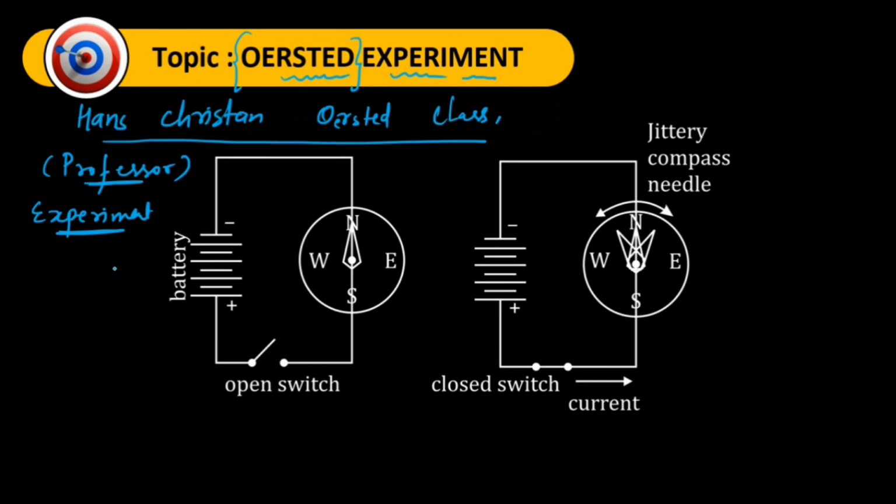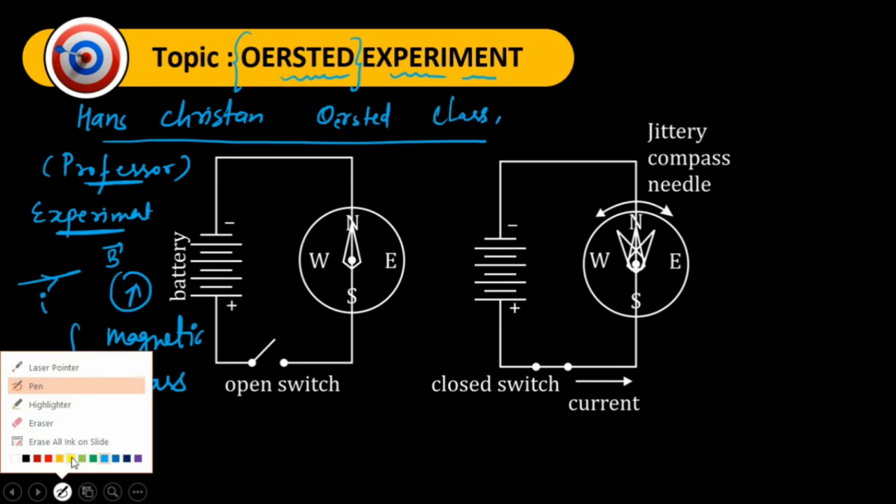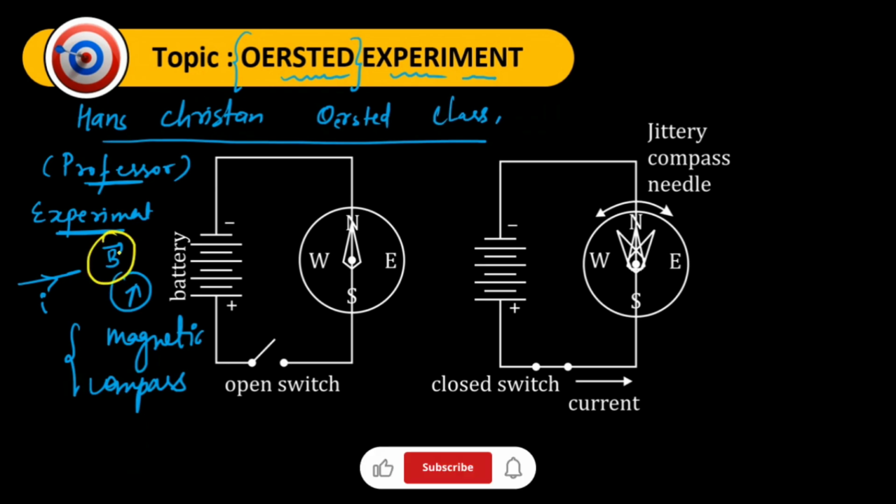While doing experiments with the students in the class, what he found is that by mistake he put a magnetic compass around the circuit. Before this, no one had any idea that a current carrying conductor can produce magnetic field. This was completely shocking and a completely new thing for this professor also.